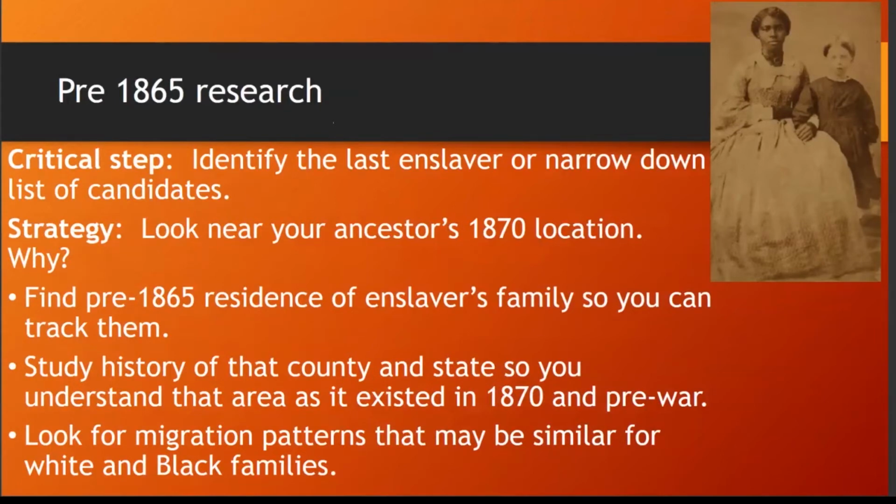Use land and tax records to find the largest landowners, as I mentioned on the previous slide. Learn the local history of the area to help you make sense of the records you find. Look for migration patterns that white and black families might have shared. The reason why you'll be tracking the enslaver's family is because they are the ones who created the property records about their slaves that are going to help you track your family.